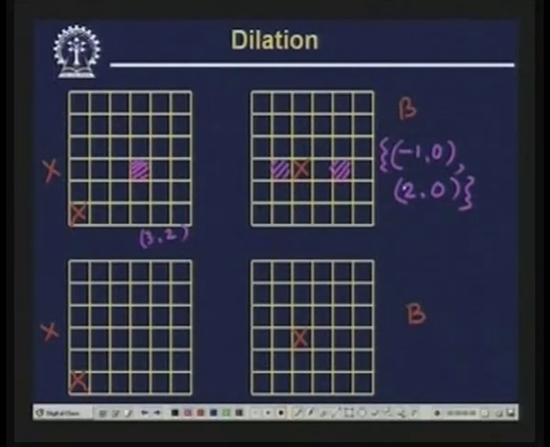So, you find that these 2 points are because I have taken the origin at this location, and over here what I consider is the reflection of B. So, in this case the reflection of B will be this particular set.